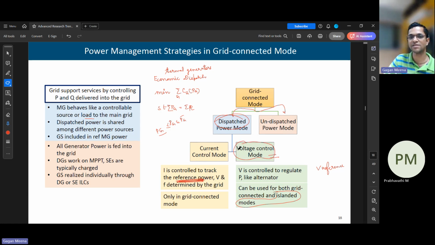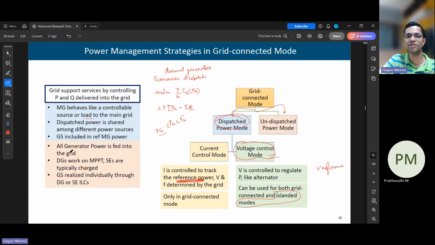Okay, so this is the dispatched power mode, and in undispatched power mode, all the generators, here we are not deciding which generator is going to produce how much. All the generators here will be operating at their maximum power point, and they will be feeding the excess power into the grid. Whatever power is there, the entire excess power they will be directly feeding into the grid.